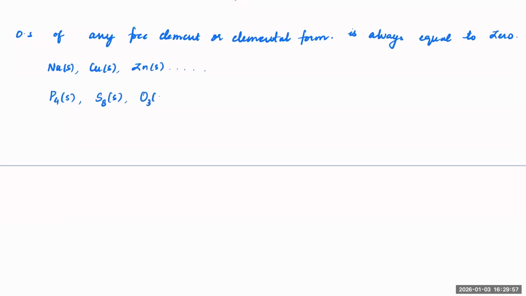Oxygen can exist as O3 or O2. It can exist in both ways. Understood? And all the halogens exist as F2, Cl2, Br2, I2.